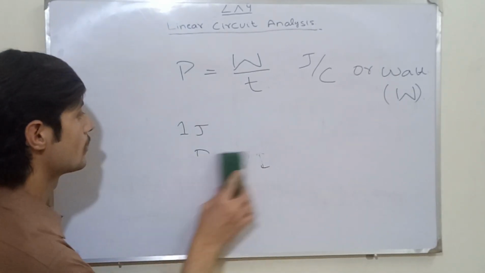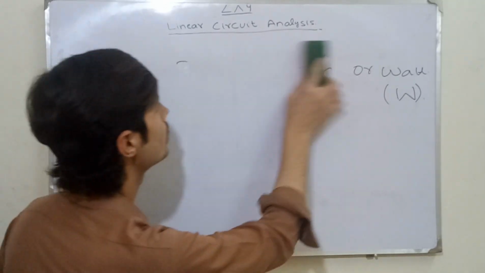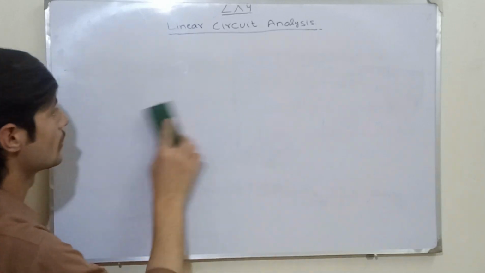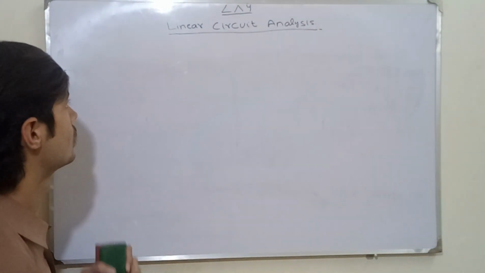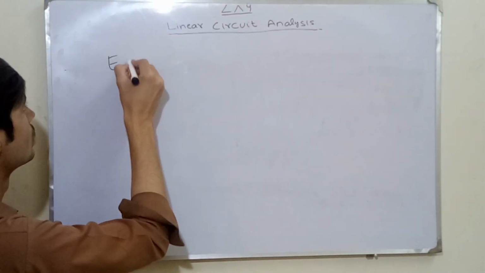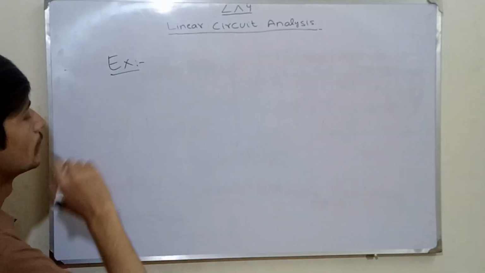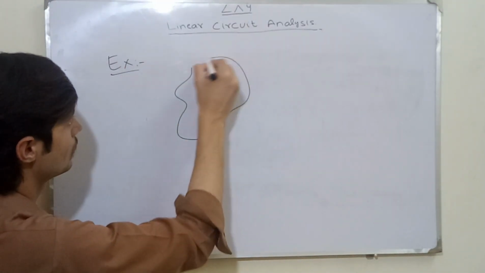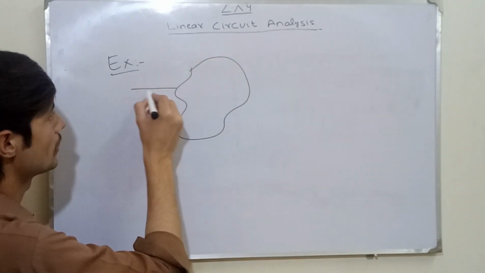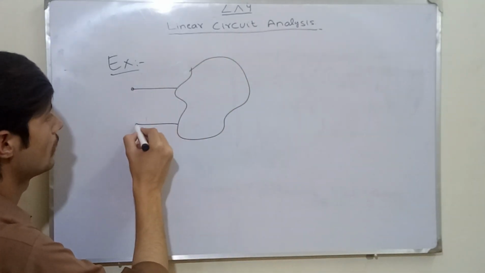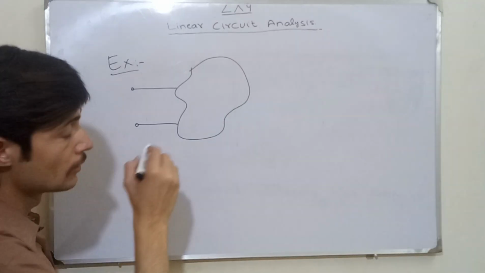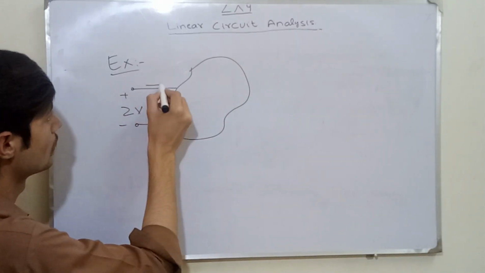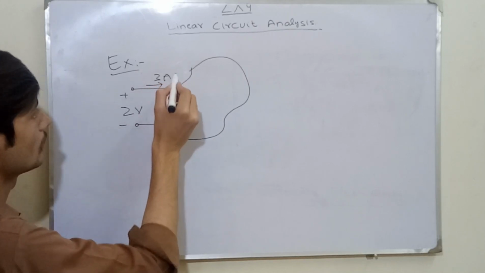Now let's calculate power in some circuits. For example, here is an arbitrary element and voltage is given, current is also given.